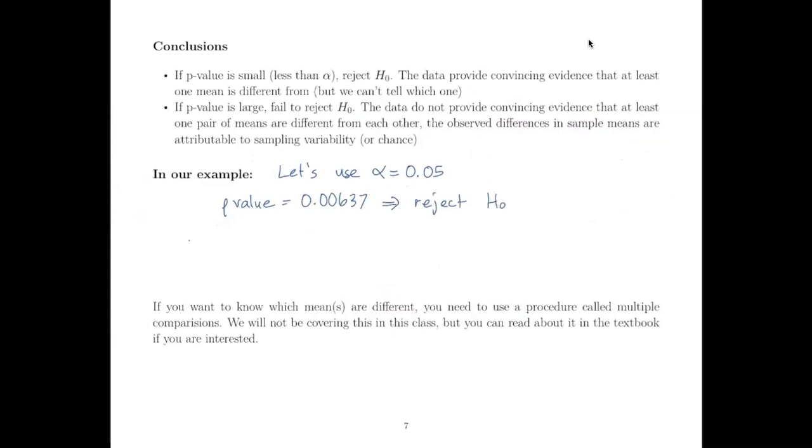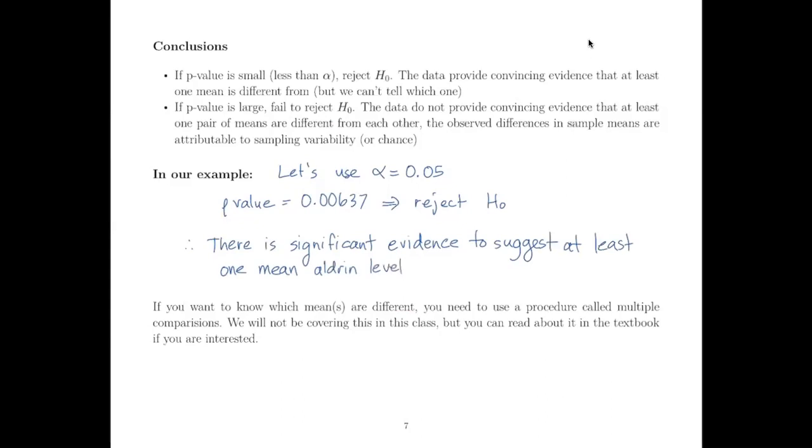Okay, so I'll just say there is significant evidence to suggest at least one mean Aldrin level in one of the depth groups is different from the others.